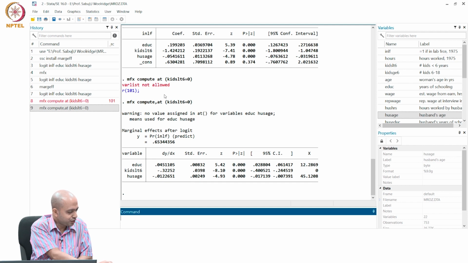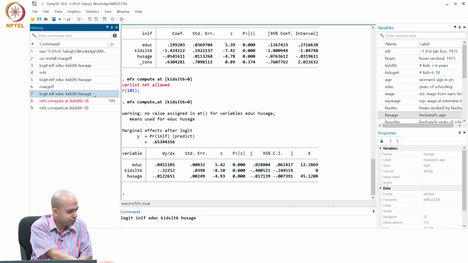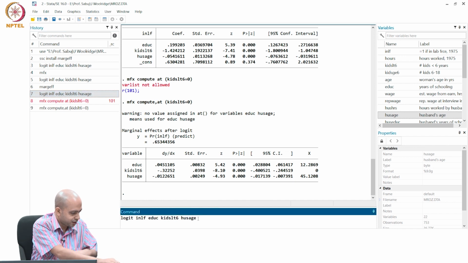Sorry, I forgot to mention the experience. Let me put experience also: logit labor force, and then I'll put experience also.